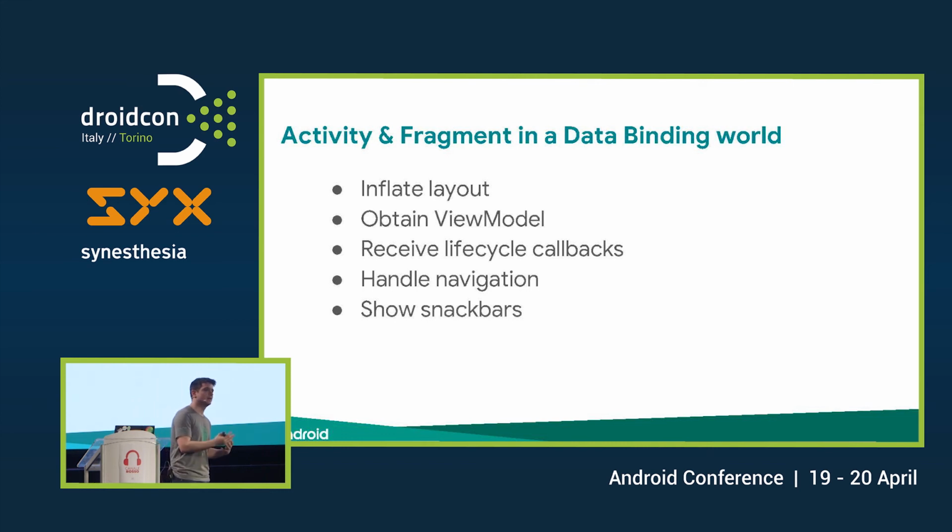And there are some UI calls that are a little bit tricky from binding adapters. So snack bars, for example, the fragments or the activities are actually still a good place to handle showing snack bars. So as you can see, they have lots of responsibilities. So if we can remove code from them, that's always welcome.